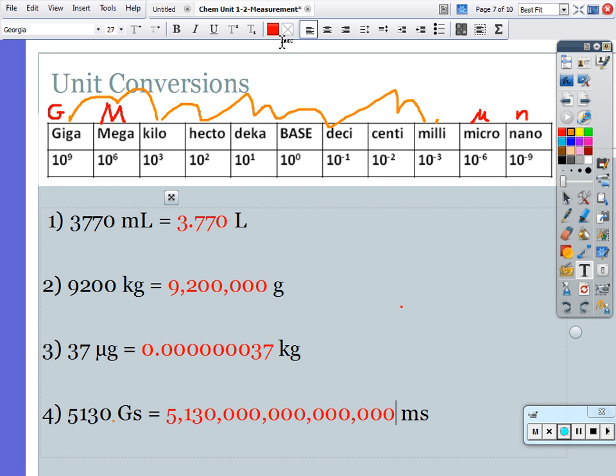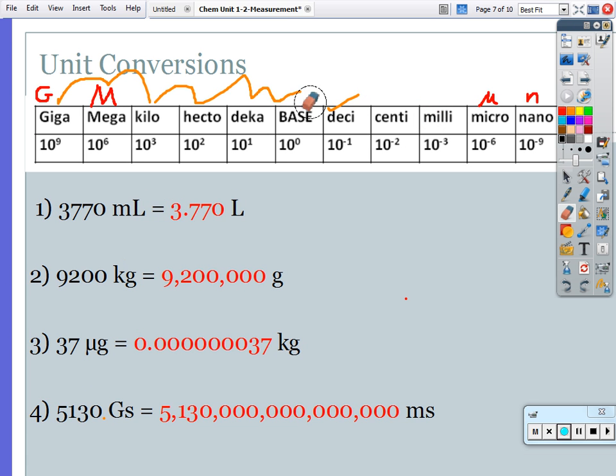Alright. And so I can do the same thing using the math. I start at giga, that's 9, minus, what's milli? Minus 3. So now you gotta make sure you keep track of your minuses. What happens when I subtract a negative number?